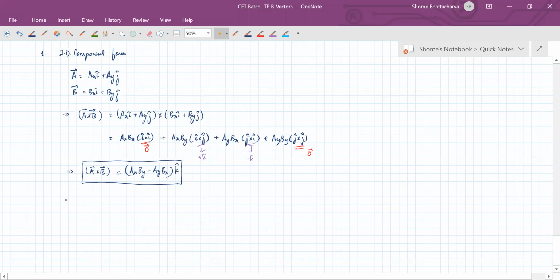We can also express this in what is called determinant form.